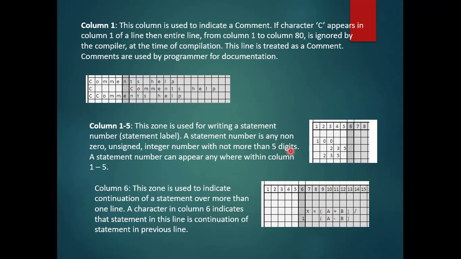So just look at this example. This is column number 1, 2, 3, 4, 5. These are the column numbers specified in this part. And if you write a statement number, it is to be written within these columns 1 to 5. So I started with column number 1, 100, or I can start with column number 3, that is 235.